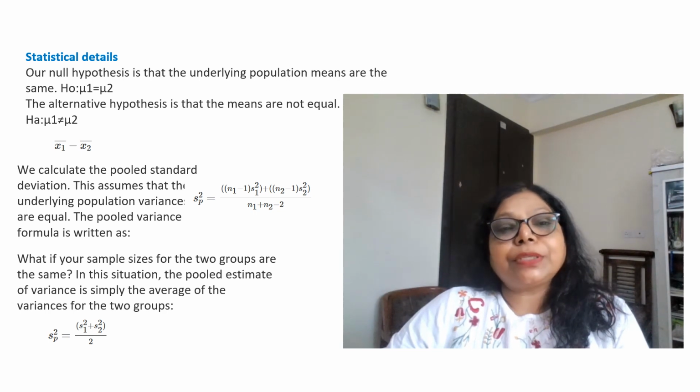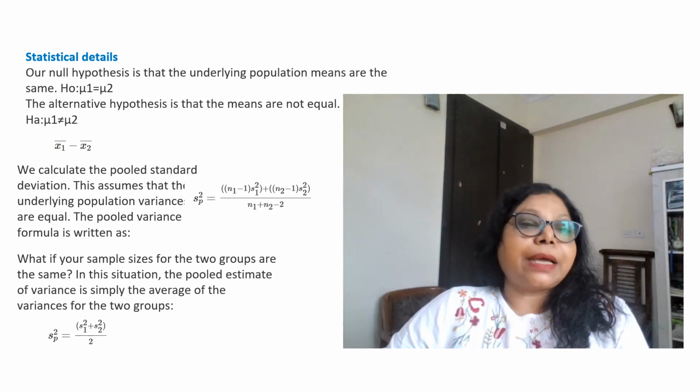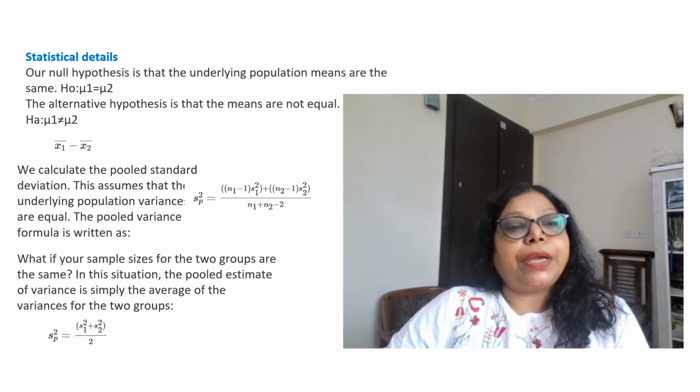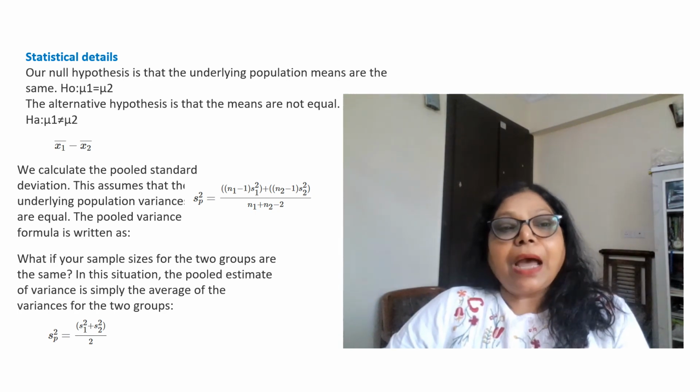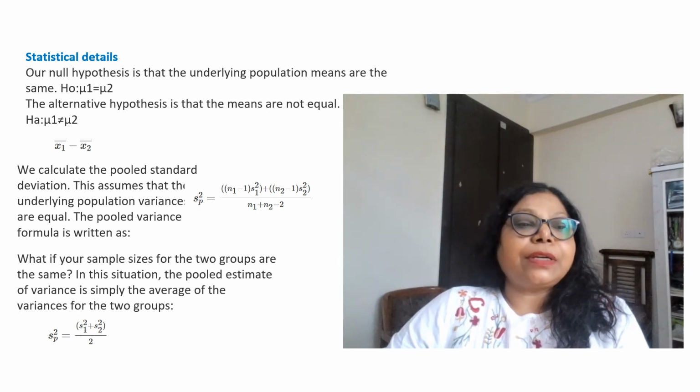The alternative hypothesis is that the means are not equal, so HA: mu1 is not equal to mu2. We calculate the average for each group and then the difference between the two averages, written as x1 bar minus x2 bar.